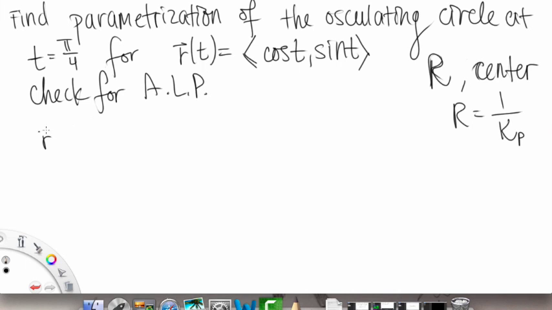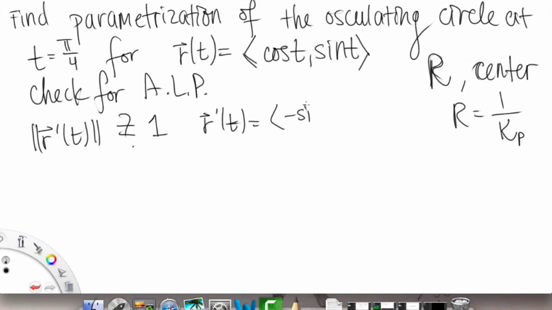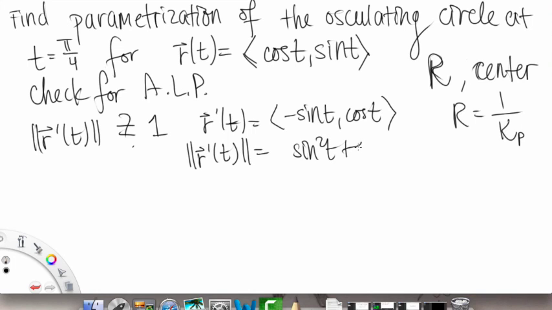So let's check if the magnitude of r prime of t equals 1. r prime of t is going to be negative sine t, positive cosine t. If we take the magnitude, we square both components, so we get the square root of sine squared t plus cosine squared t, and yes, this is an arc length parameterization.